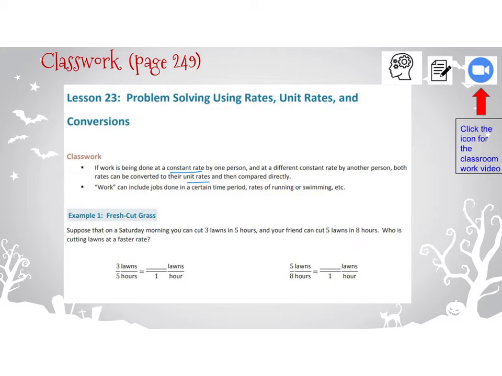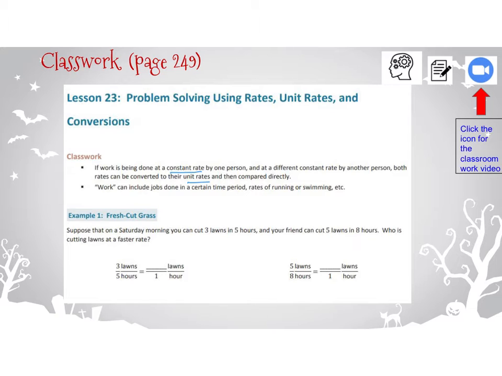First one we have here is we're working on cutting grass. We have 3 lawns taken care of in 5 hours. And then your friend over here, 5 lawns can be done in 8 hours. We want to know who is cutting lawns at a faster rate.